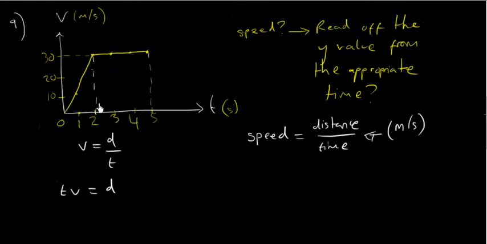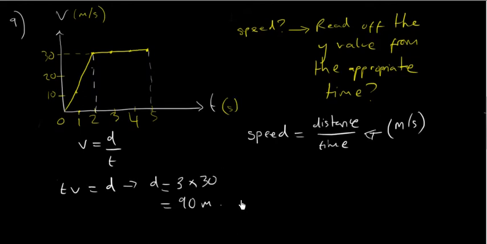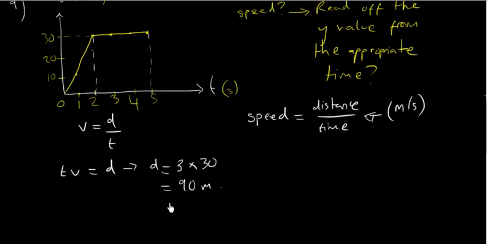So 30 meters per second between 2 and 5 seconds means that our distance would be 30 meters per second times 1, 2, 3 seconds that it lasts for. So we have 3 seconds times the velocity, or times the speed, which is 30. So in other words, that would be 90 meters, right? And so that would be the distance traveled over this period, and that was easy because we have a constant speed.